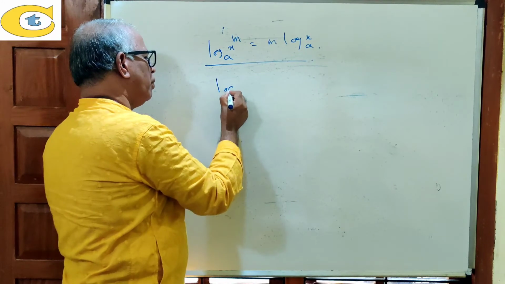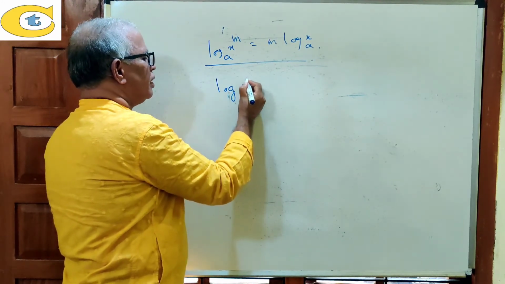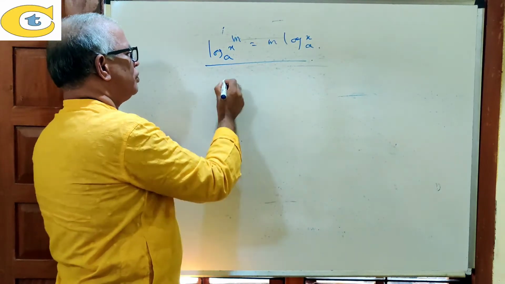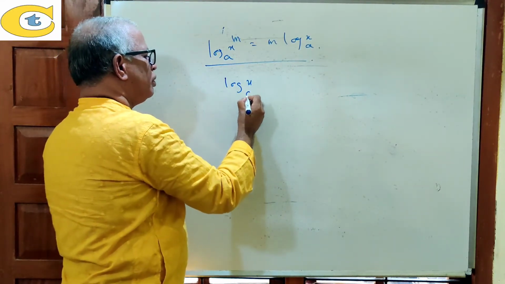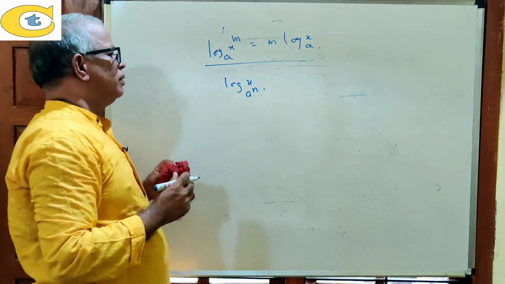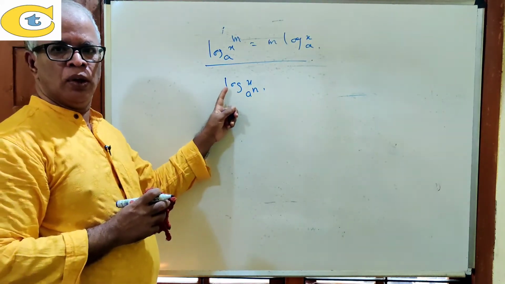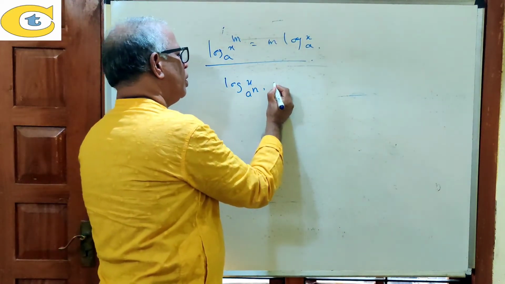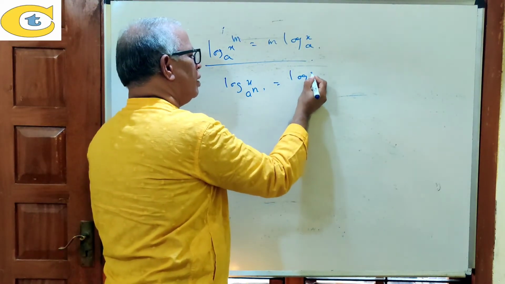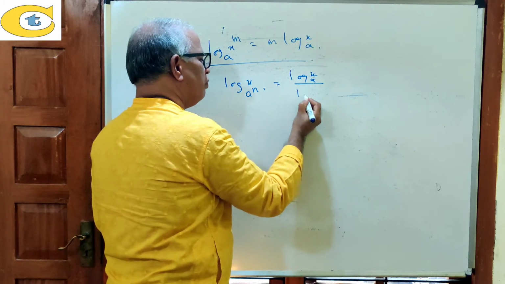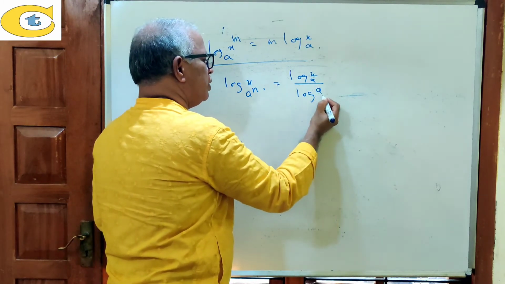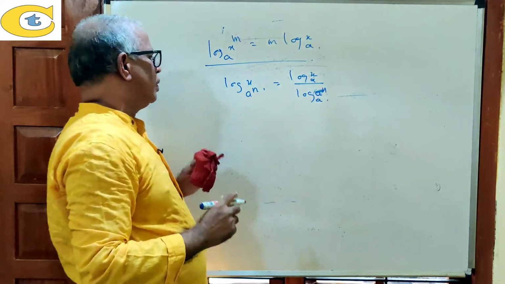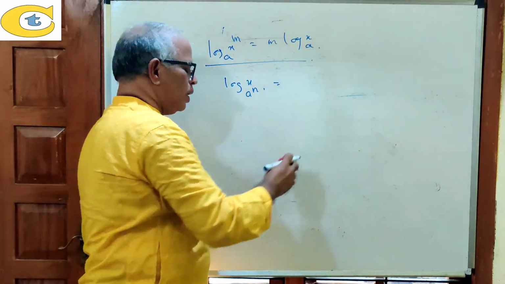Logarithm of x to the base a raised to n. What will happen is, see, logarithm of x to the base a by logarithm of a raised to n to the base a. Remember, look at here how I wrote.